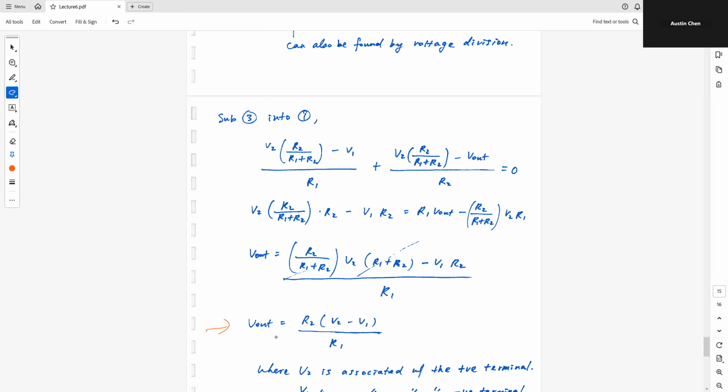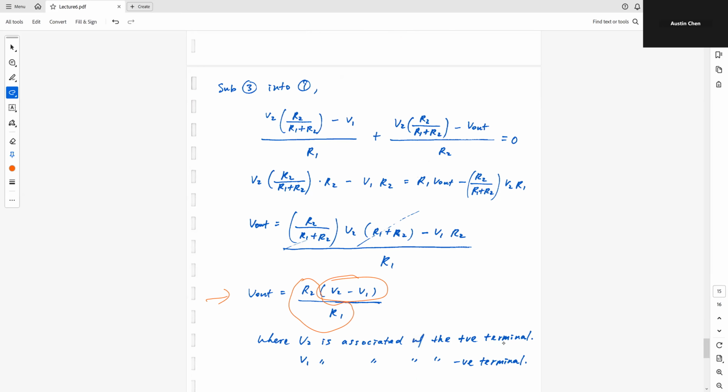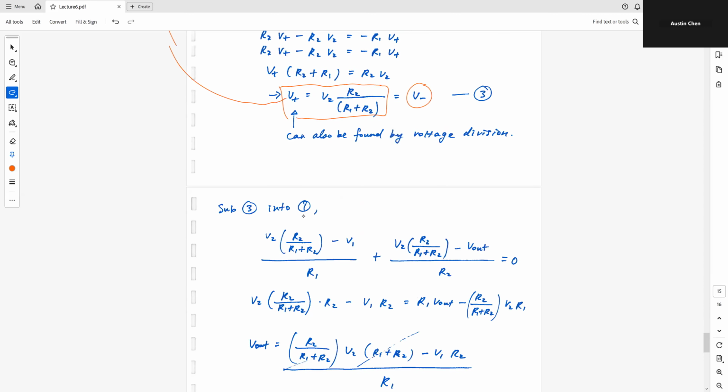You will see that the outcome is V out equal to some ratio, R2 over R1, times the difference between the two input voltages, V2 minus V1. V2 is the voltage associated with the positive terminal, and V1 is the voltage associated with the negative terminal.